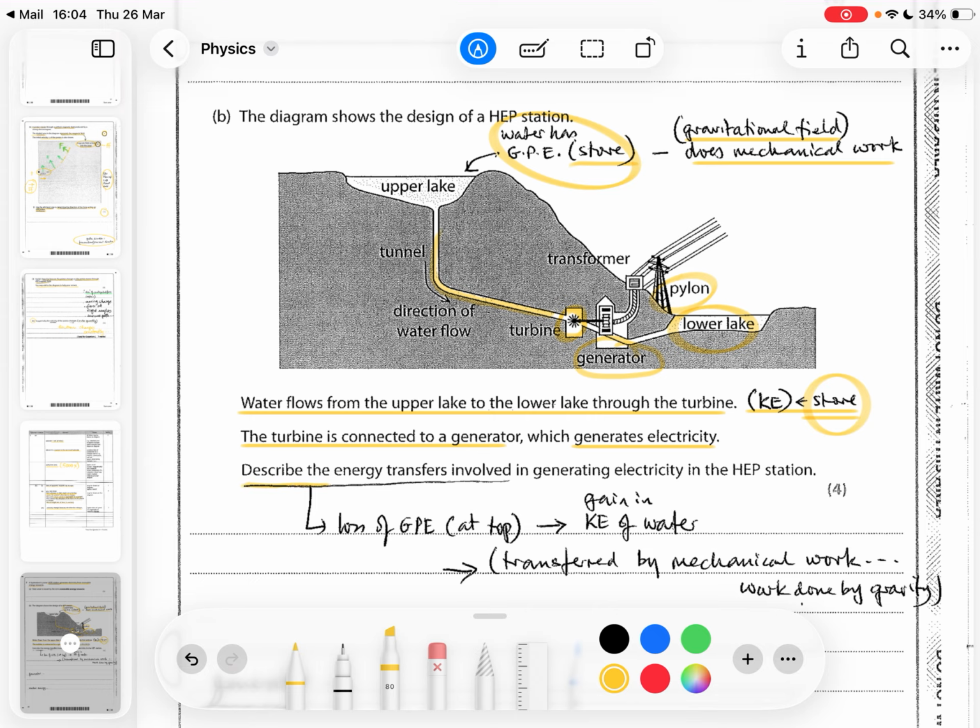Okay? Describe the energy transfers. So you see, the loss of gravitational potential energy is transferred by mechanical work.